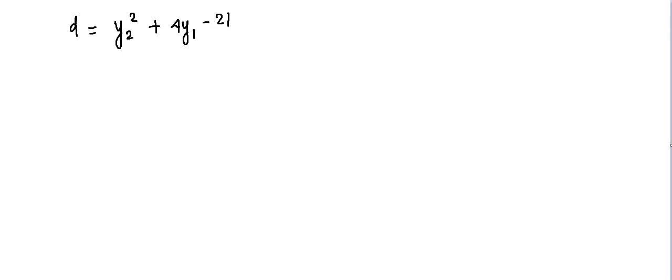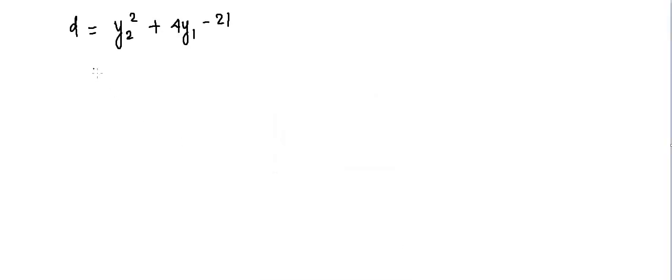Fine. Now the next thing given to us is that the functions y1 and y2 depend on the amount of plastic x mixed in bitumen, and their variations are linear functions of x. So basically it is saying that y2 and y1 are linear equations, and you can represent them as mx plus c.